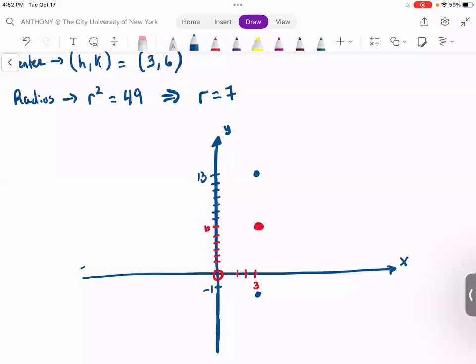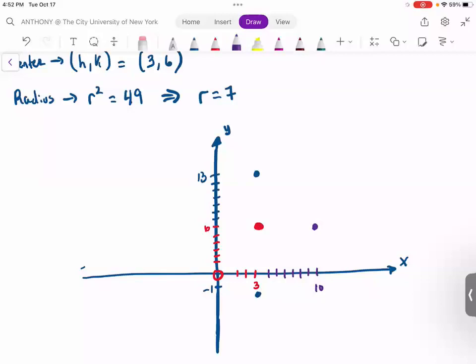Now you go 7 units to the right: 1, 2, 3, 4, 5, 6, 7. What will be the new x value? 10. Did the y value change? Nope, because you're just shifting the center 7 units to the right.